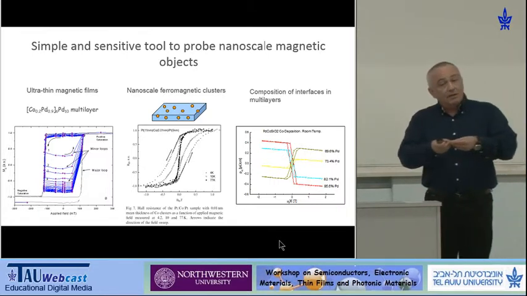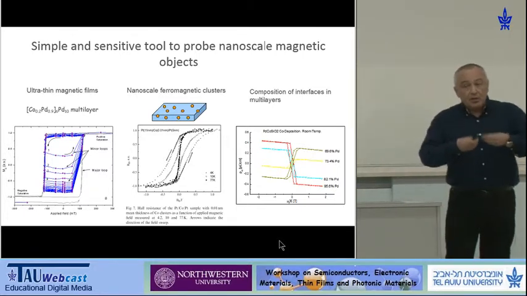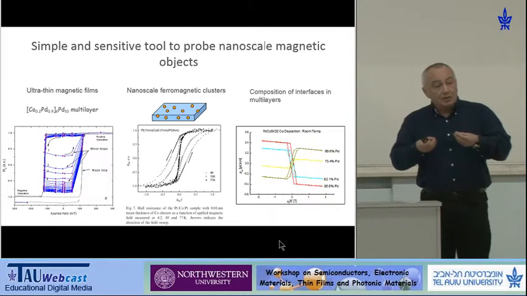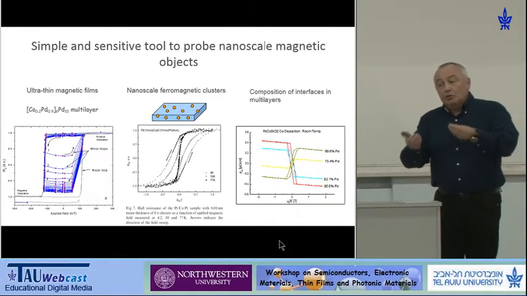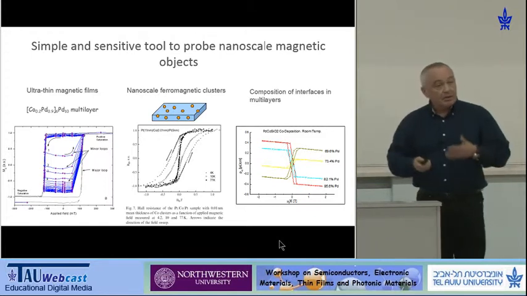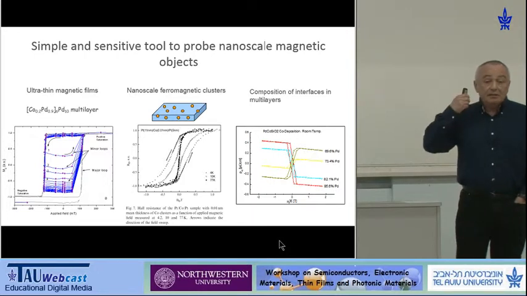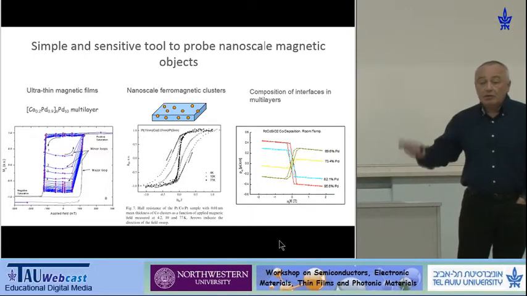And if we have a very little amount of magnetic material, the magnetic moment that we are looking for can be negligible compared to the pseudo non-magnetic substrate, because the substrate is very large. That's why our sensitivity to magnetization for very thin films is below the sensitivity of SQUIDs or whatever we have today.